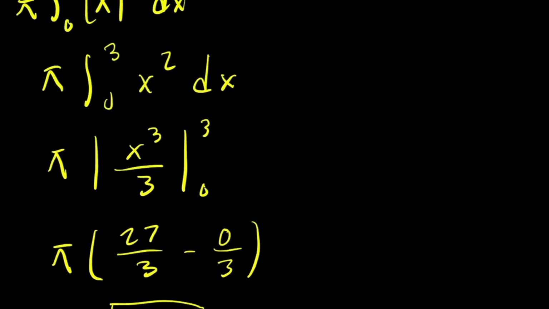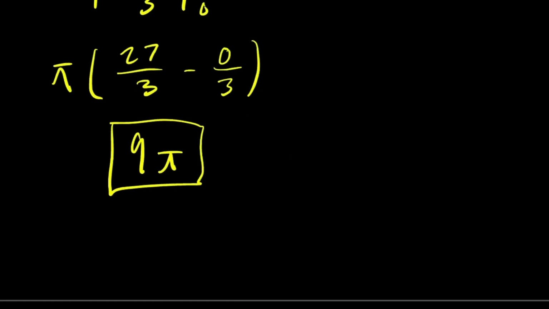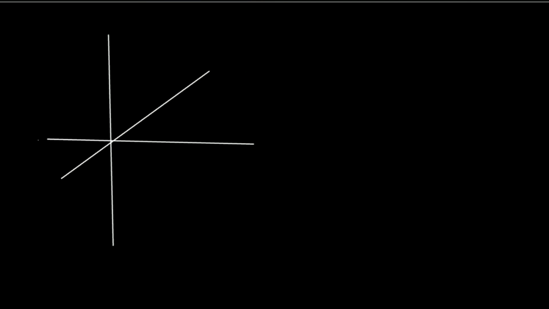Now in this case, you can also use geometry if you think about it as a cone. So let me draw this again. X-axis, y-axis, z-axis. So we have f of x equals x.